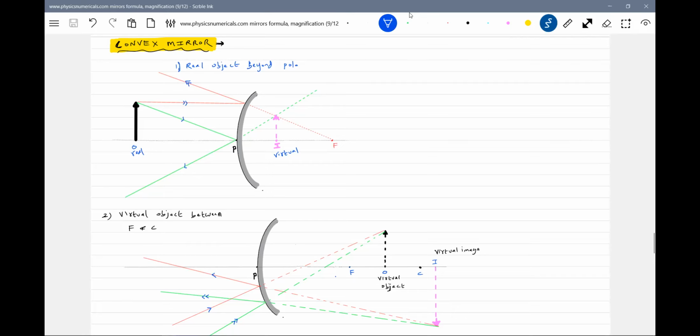Okay, there's a convex mirror. I'm picking a mirror of focal length plus 10 centimeters. Real object beyond the pole, okay, first thing. Let's begin here. The object distance will be minus 30 centimeters, or I'll start with minus 15.